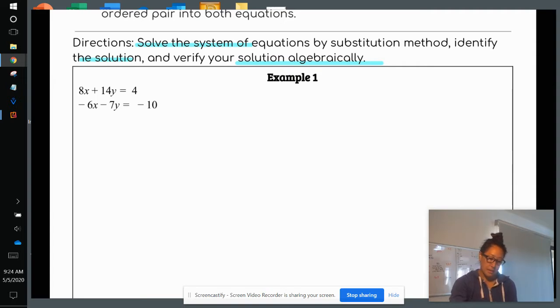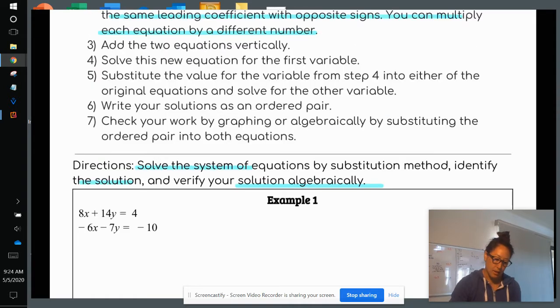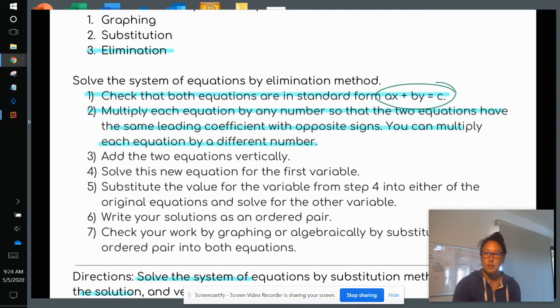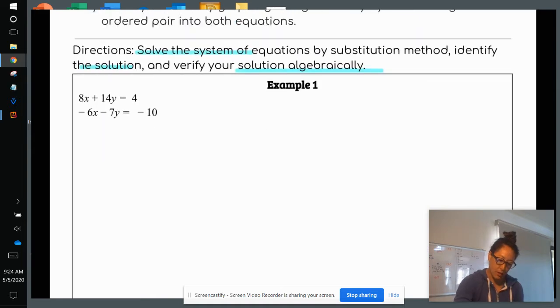So next up, for step 1, we're going to make sure that our equations are in ax plus by form, so standard form. Okay, so I'm looking: my x's are in the first spot, plus my y's, I have my equal signs, and then my constants.